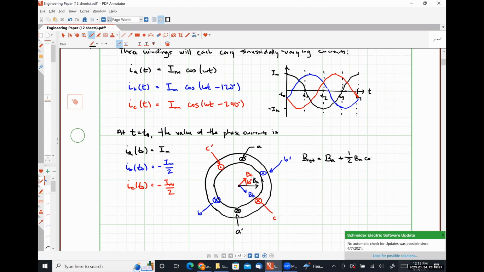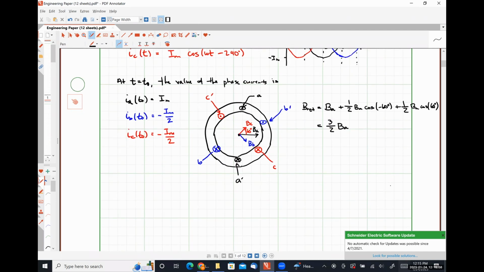And then we're going to have cosine of minus 60 degrees. And then we're going to have another 1/2 BA times cosine positive 60 degrees. So that's giving us only our horizontal components. And when we add all of those together, we get 3/2 times the field strength generated by coil A, all directed to the right.